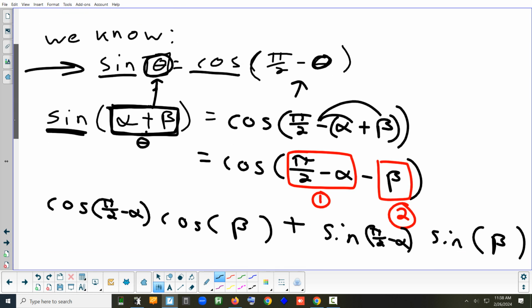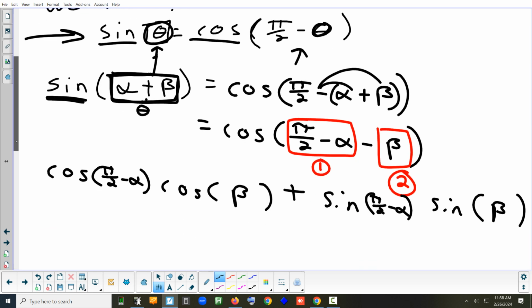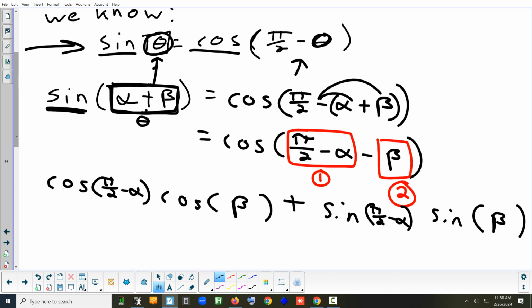Now, look at what you have right here. Cosine of pi over 2 minus alpha. That can be simplified. What does it say up above that the cosine of pi over 2 minus an angle equals?